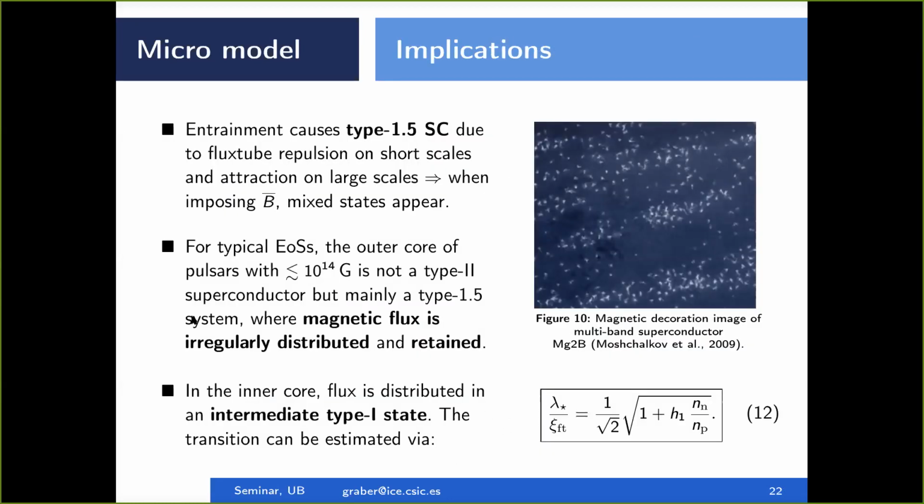Okay, so for all the models that we did consider, I just said the shift is quite significant, but in principle, from an astrophysics perspective, for most of the neutron stars that have a field lower than 10 to the 14, there are actually very few type 2 per se, which is the assumption that people have made so far. But there is actually a lot of this type 1.5, where flux is irregularly distributed and actually retained.